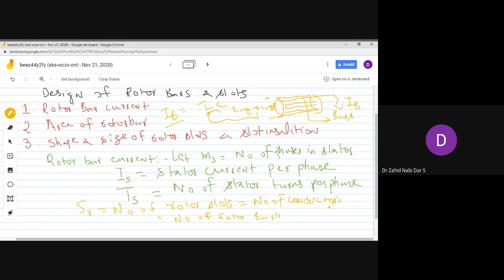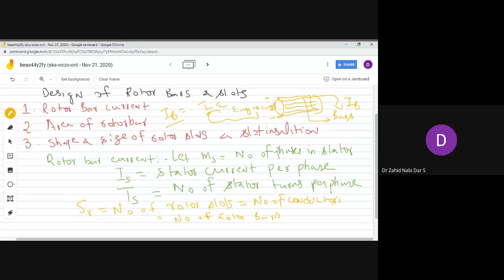Every slot would be there, but consider the number of rotor turns. The turns would be equal to the rotor slots divided by two, because two conductors form one turn.